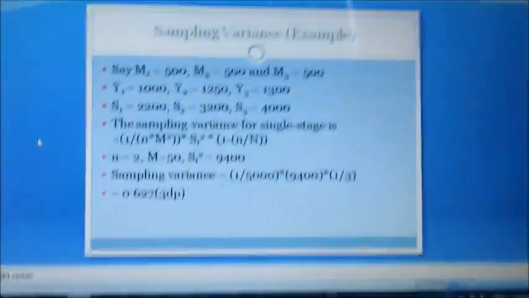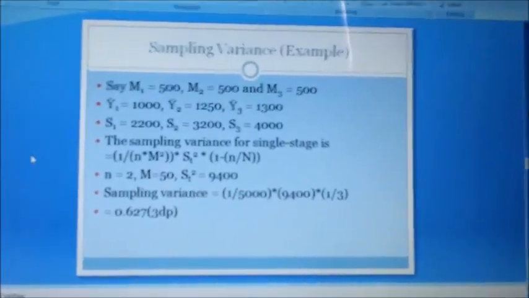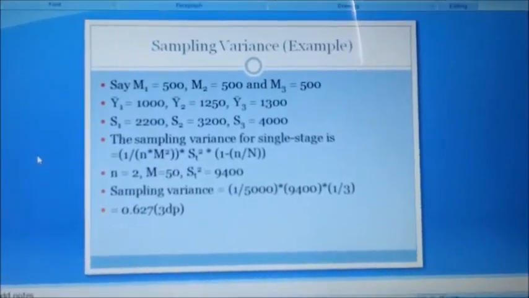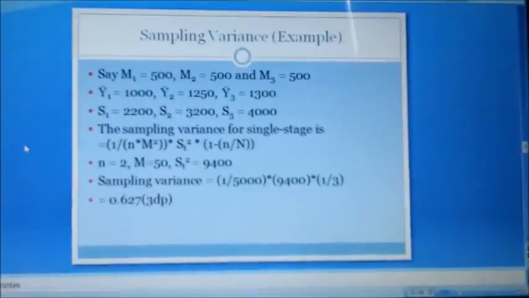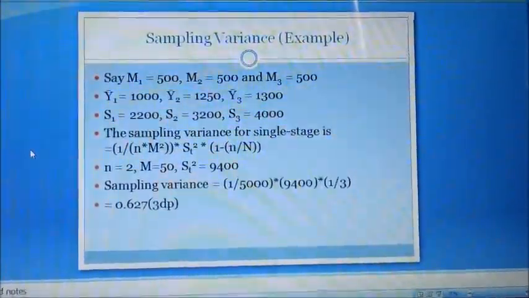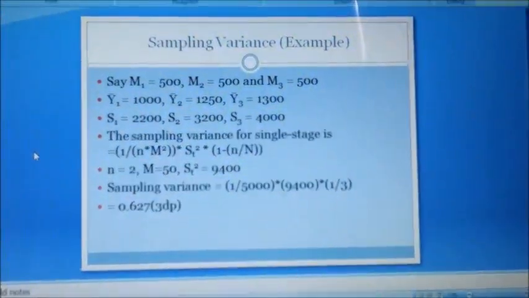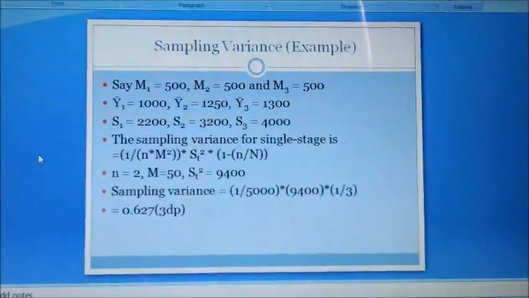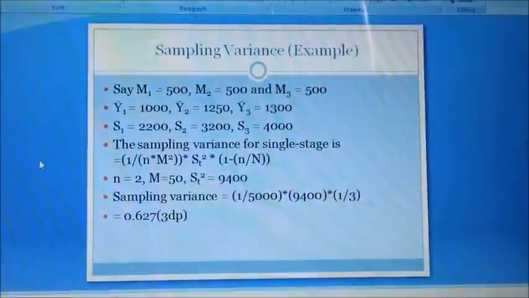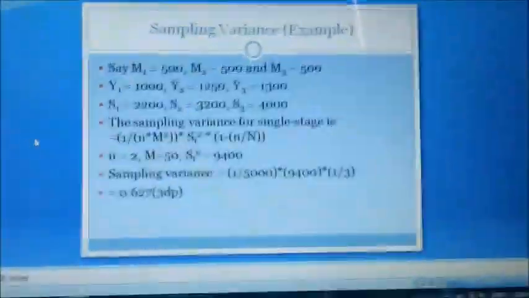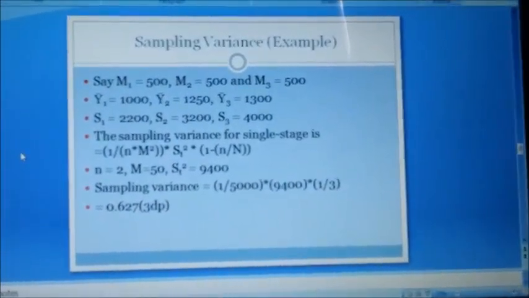The sampling variance for the single stage is then 1 over N times M squared times st squared times 1 minus n over N. So let's just assume that lowercase n equals 2, so we're using 2 clusters, that capital M equals 500, and actually, those 500 should be 50s, slight error.